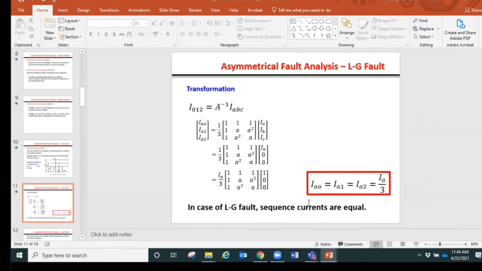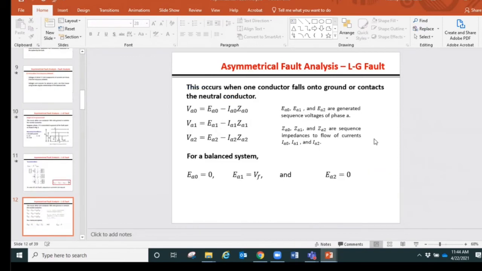So this is what we must remember, that when we have a single line to ground fault, all the sequence currents, zero sequence, positive sequence and negative sequence, will be equal. Hence the sequence networks will be connected in series to finally give us the current of phase A. When we have A, we can calculate the phase B and phase C as well.